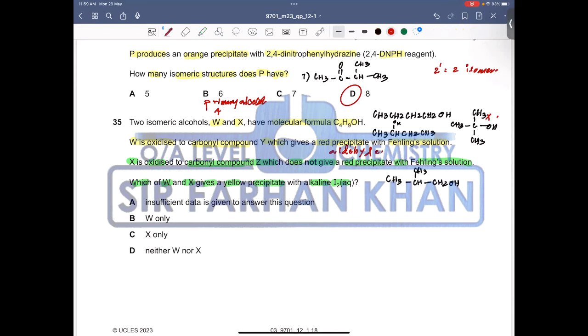Alkaline aqueous iodine tests for a CH3CO group or a CH3CHOH group, so the alcohol must contain the CH3CHOH group to give a positive iodoform test.